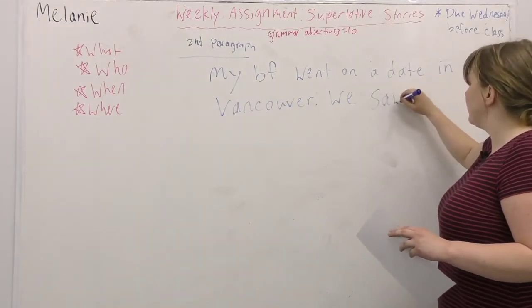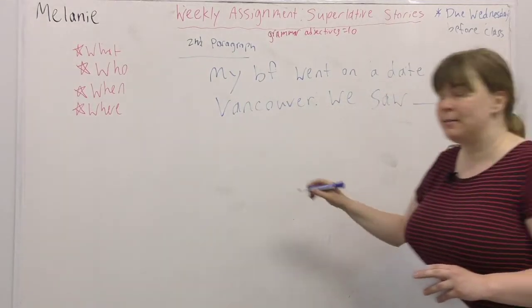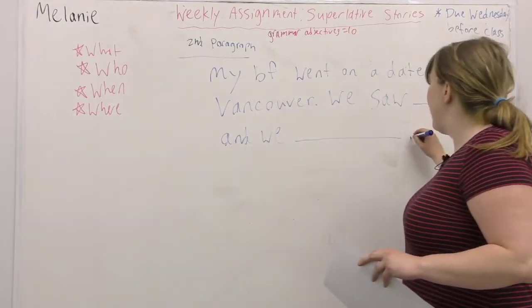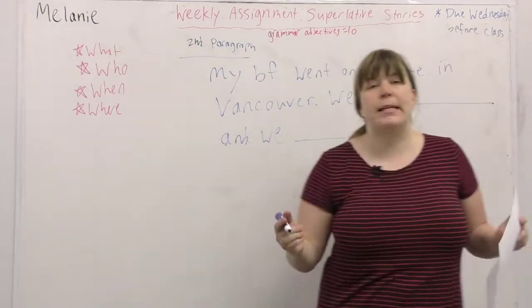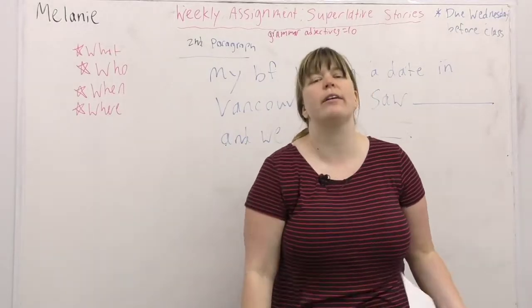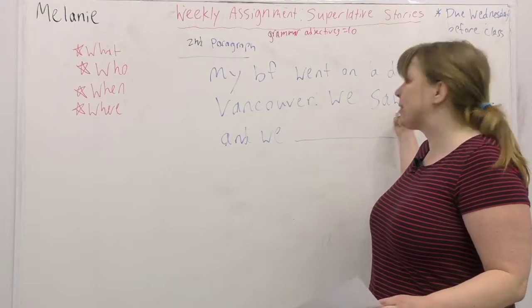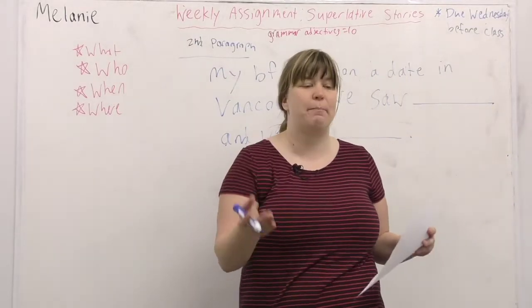We saw blah, blah, blah, and we blah, blah, blah. I'm not gonna write everything out because it's gonna get really long and boring for you to sit here and just keep watching. So we basically saw the wiener dog races at the PNE.